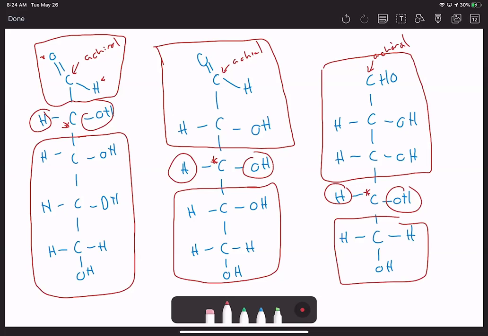So those are going to be my three chiral carbons. Once I get down here and see both of those hydrogens, I already know that's not going to be chiral because two of them are identical, right? But the ones that are asterisked here, those are going to be our chiral carbons. So we can definitely have more than one chiral carbon on a molecule.